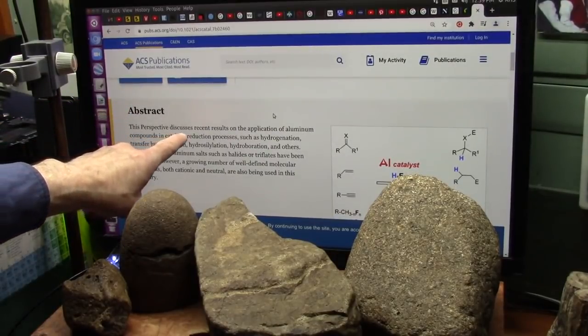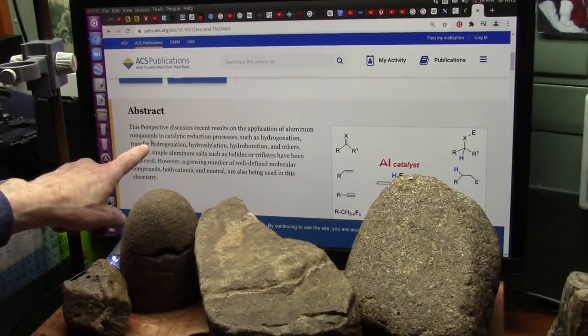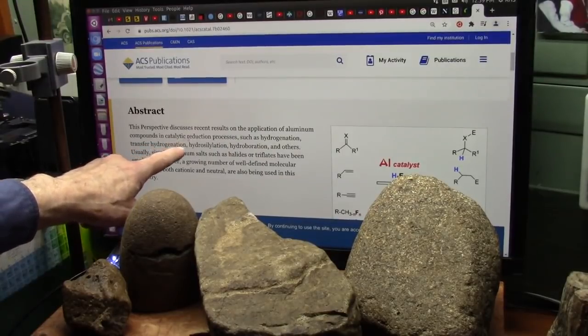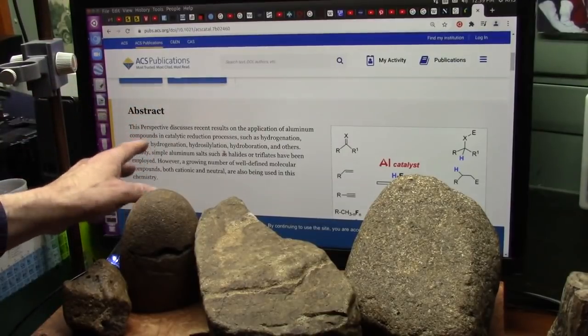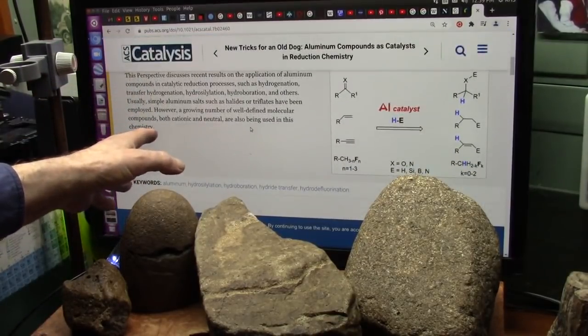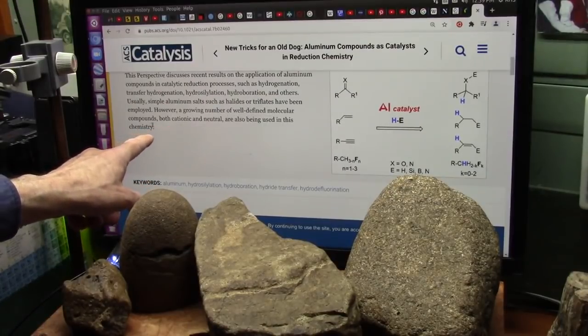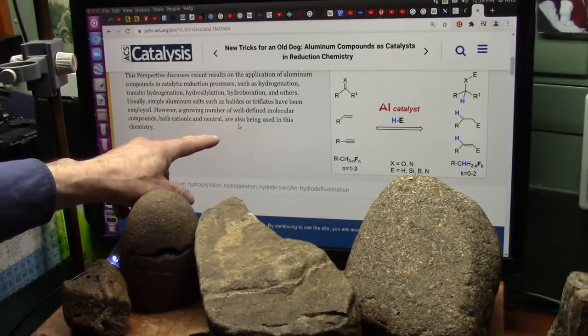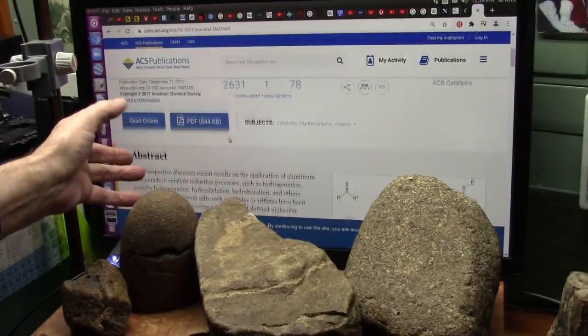This perspective discusses recent results on the application of aluminum compounds in catalytic reduction processes. And then they talk about some kind of technical stuff. But a growing number of well-defined molecular compounds, cationic and neutral, are also being used in this chemistry. And it is all due to this aluminum.